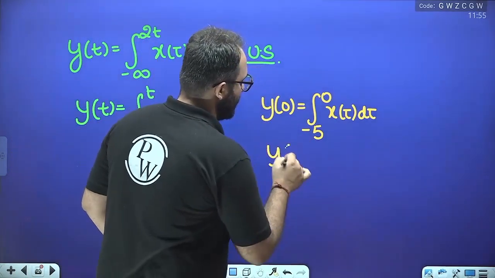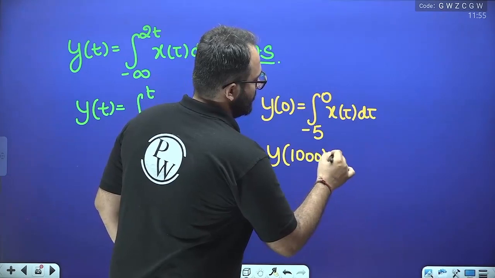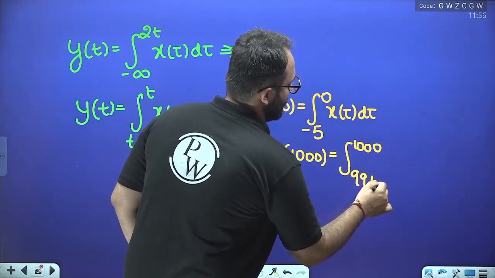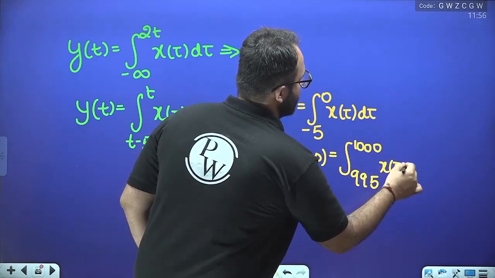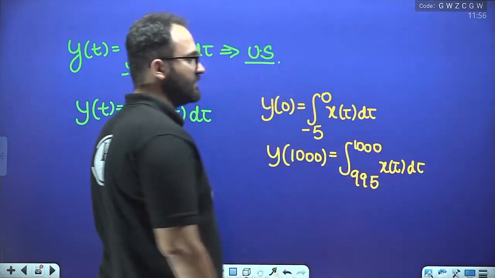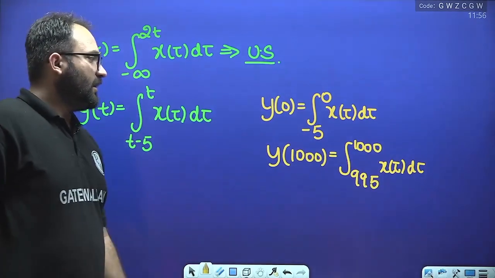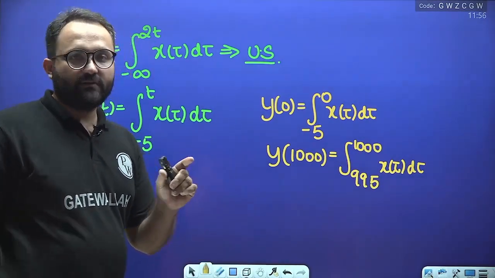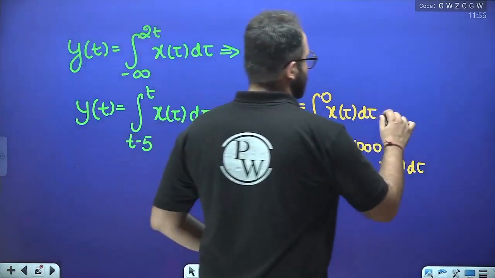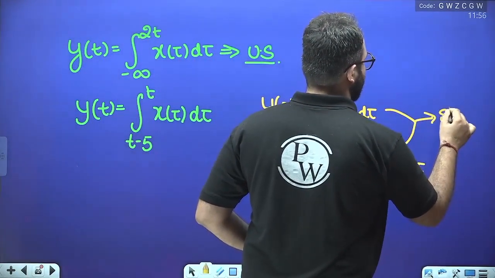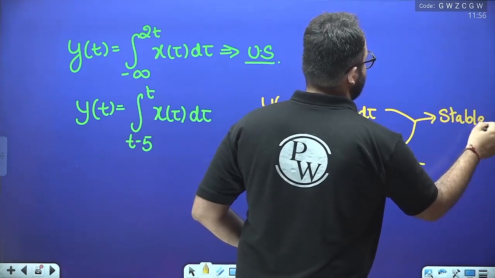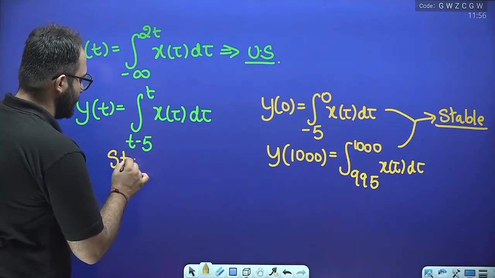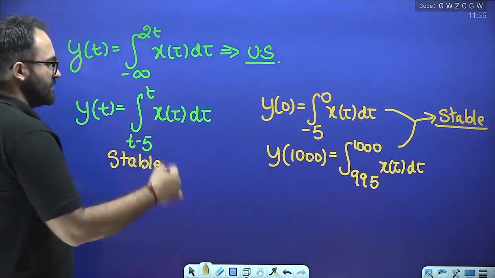For example, y(1000) means we will be integrating the signal from 995 to 1000. So we are always integrating over a finite duration, that is 5. So the output and value will always be finite. So this is a stable system.